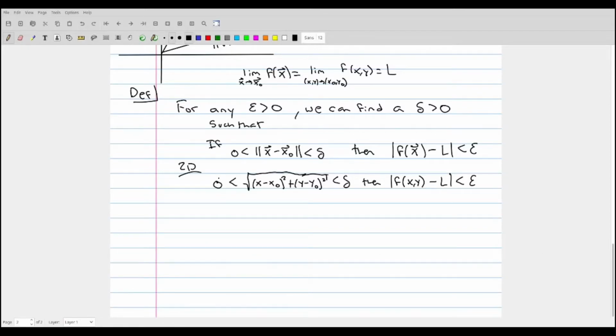And our interpretation is very similar, if not exactly the same idea, to how we interpret this for functions of a single variable.